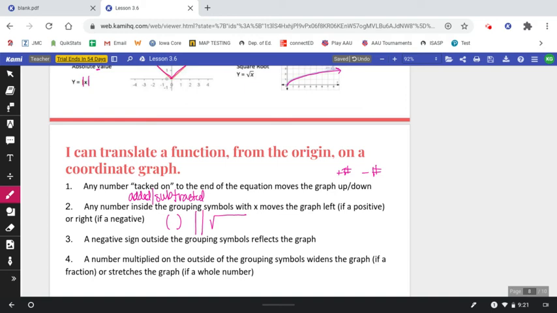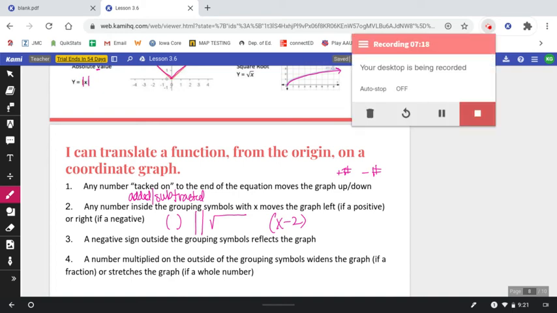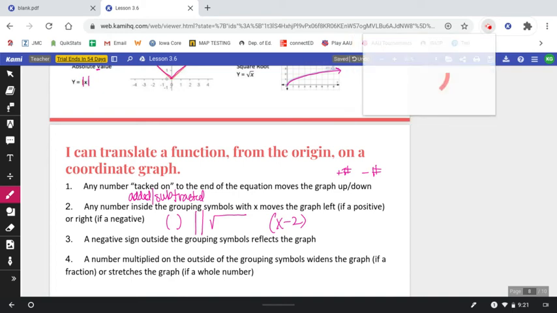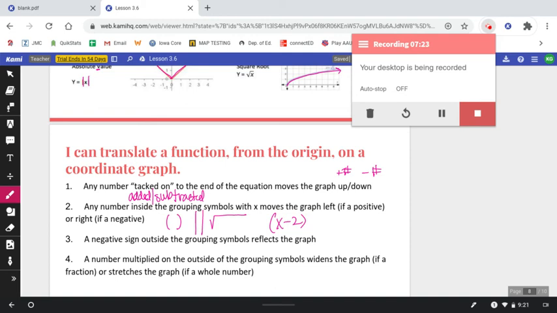And that kind of seems backwards, but the reasoning is if I had x minus 2 in parentheses, I would have to think about how am I going to get the 2 out of the parenthesis? Well, what I would actually do is add it to get it out of there. So if it's a minus inside the parenthesis with x, it's actually going to move the graph to the right. And if it would be x plus 2 in my symbols, it's actually going to move the graph to the left.